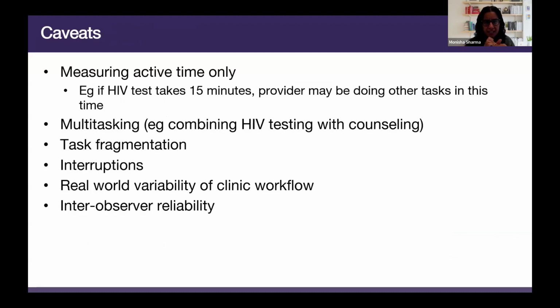There's often multitasking happening, so it might be hard to understand how much time you're spending on one thing when there are a couple of things going on. There could be task fragmentation, so you could start one prep navigation activity and then get interrupted and be pulled into a different intervention activity for something else and then come back.